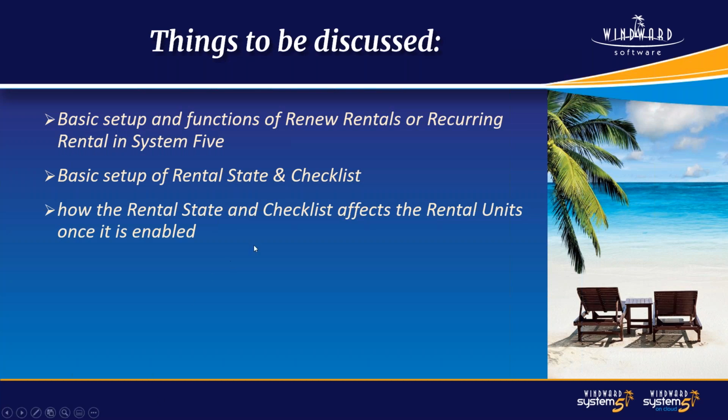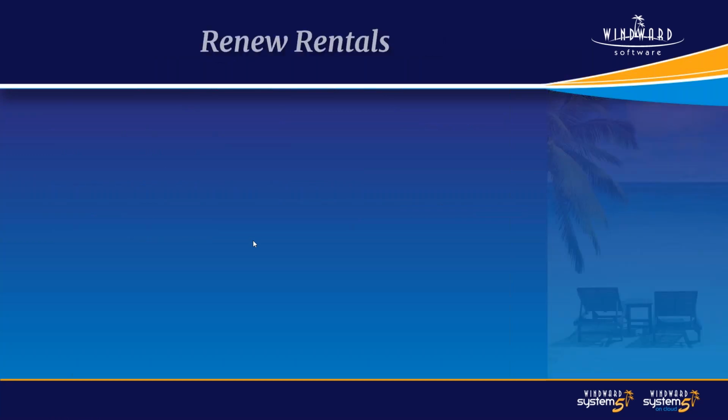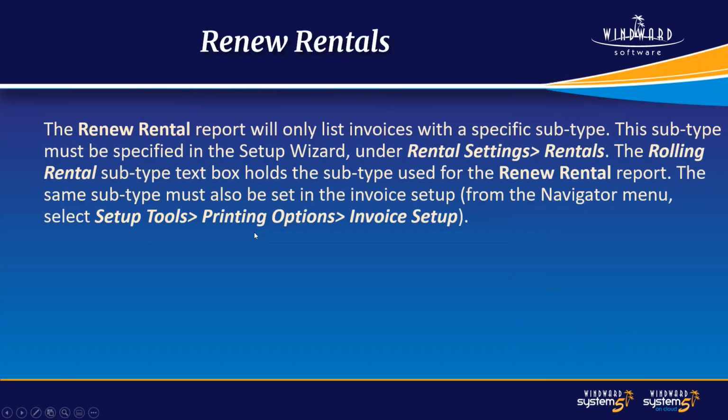So let's start with the renew rentals. The renew rental report will only list invoices with a specific subtype. This subtype must be specified in the setup wizard under rental settings, rentals. The subtypes text box holds the subtype used for the renew rental report.